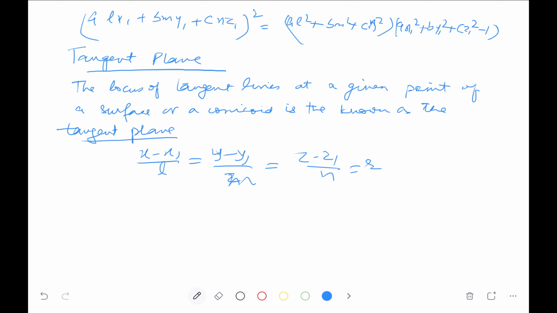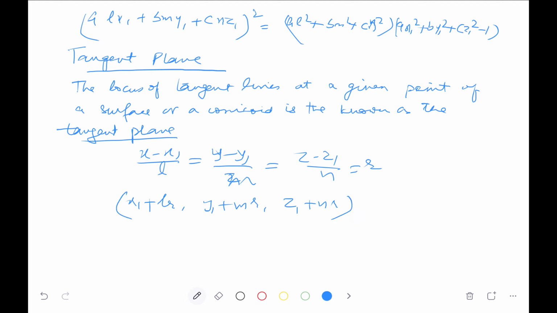So any point on this line, that is the value of x, y, z in terms of r, is x1 plus Lr, y1 plus Mr, z1 plus Nr.